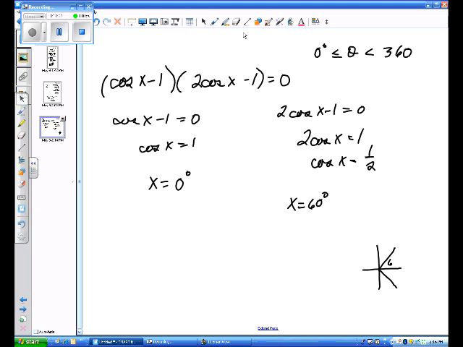So 60 is our reference angle. So in the first quadrant, it's 60. In the fourth quadrant, it's going to be 360 minus 60, which is 300. And remember, we always give angles between 0 and 360. We're not going to give negative angles as our answer. All right, let's look at another one.